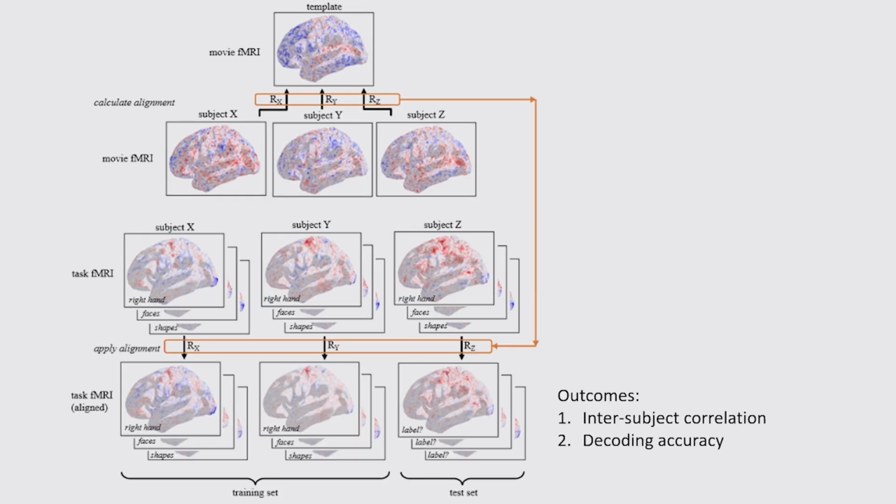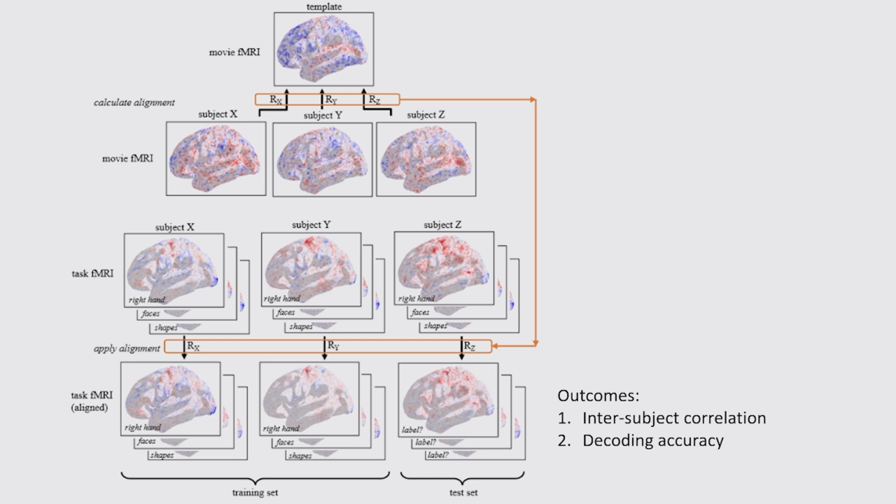is that we use those R matrices to transform an out of modality, a different modality of data. In this case, we take task fMRI, which has already been aligned with MSM-sulc, for example, and we multiply this data by the subject-specific transformation matrix. And that yields, on the bottom, these functionally aligned task fMRI maps.